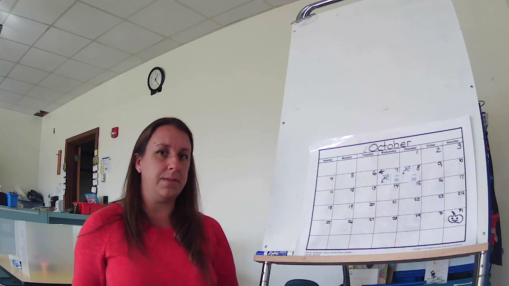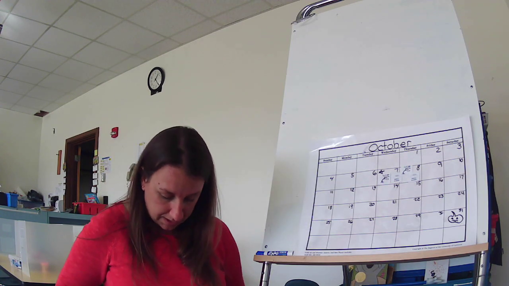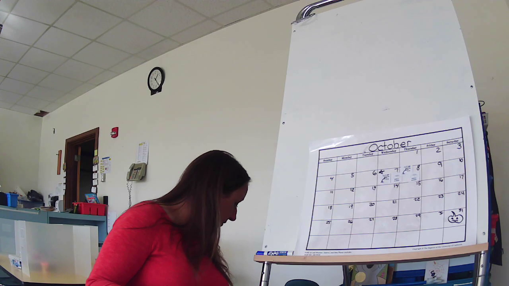we can adjust this. And so one of my kiddos said, well, why don't we do this, Mrs. Lewis? All right. And he said, why don't we put 2 windies on the calendar to show that it was really windy? All right, so that's what I'm going to show you.